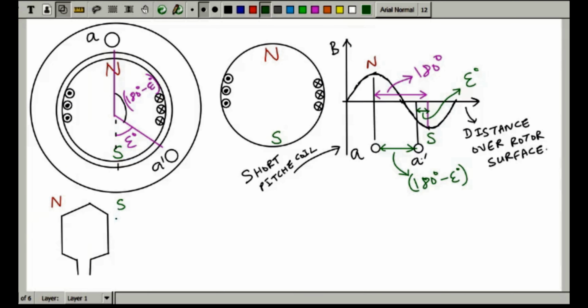The south pole is here. The coil is actually short pitched by some angle, and that angle is epsilon.